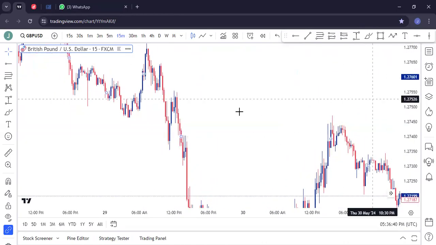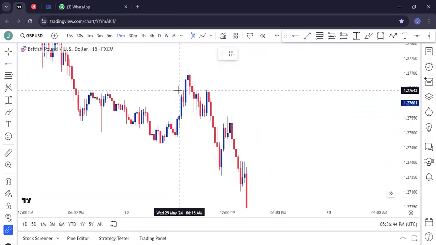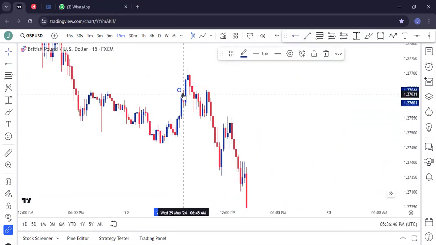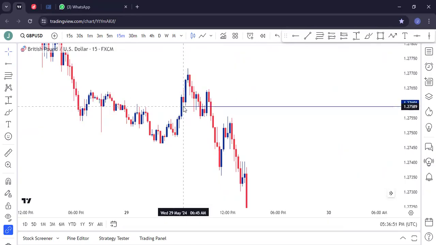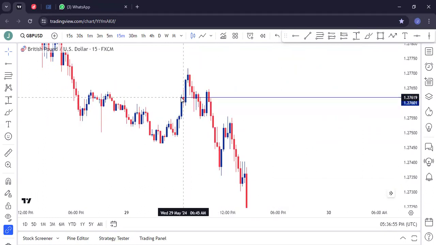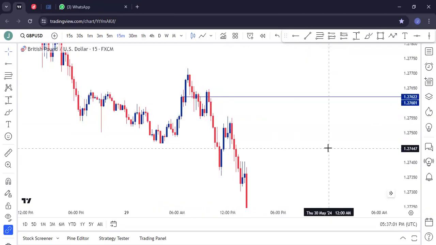Okay, here is another example. As you can see, the market breaks the structure here. After the break of structure here, the market came and changed character there. After the change of character, the market came to that liquidation point, tapped, then went short.